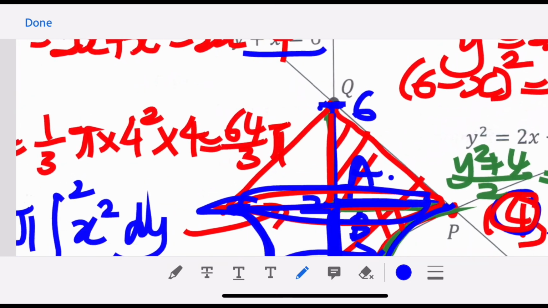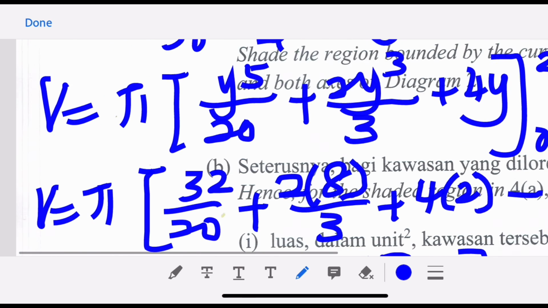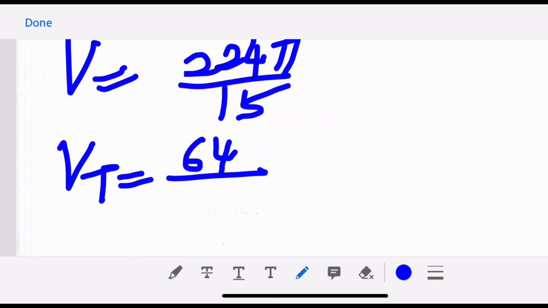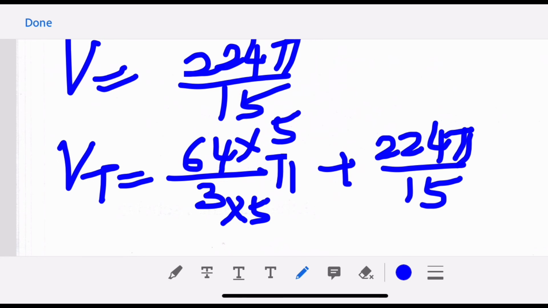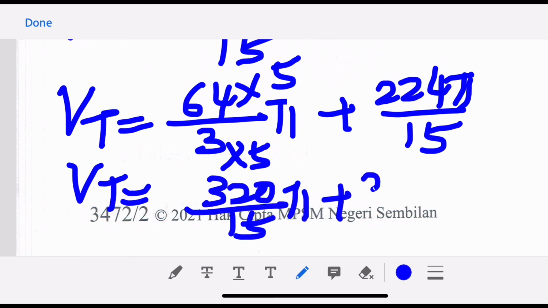Alright, so we need to combine the volumes. Just now we have the volume for the cone, 64 over 3 pi, right? So the total volume is 64 over 3 pi plus 224 pi over 15. So we have to multiply by 5 here. So the total volume is 320 over 15 pi plus 224 over 15 pi.